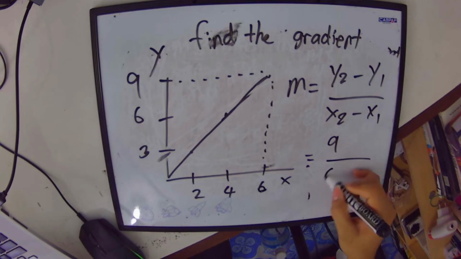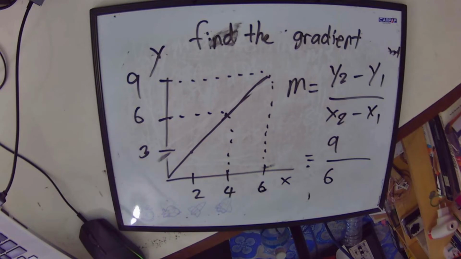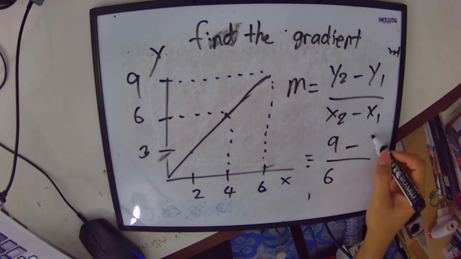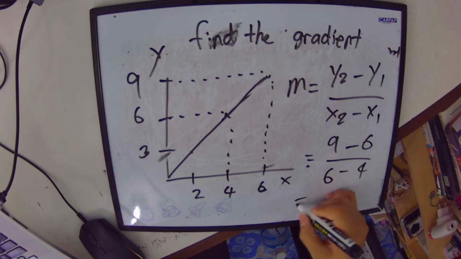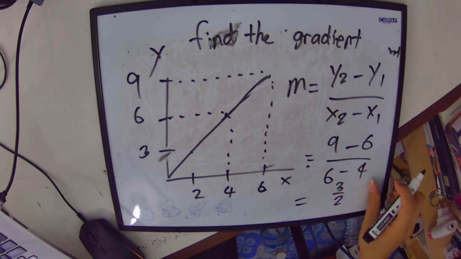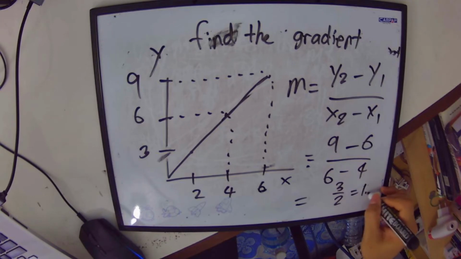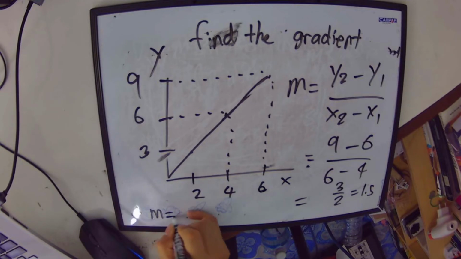And let's use a second point. And in the second point, y equals 6 and x equals 4. Right? So when we calculate, we get 3 over 2, or 1.5. So therefore, m equals 1.5.